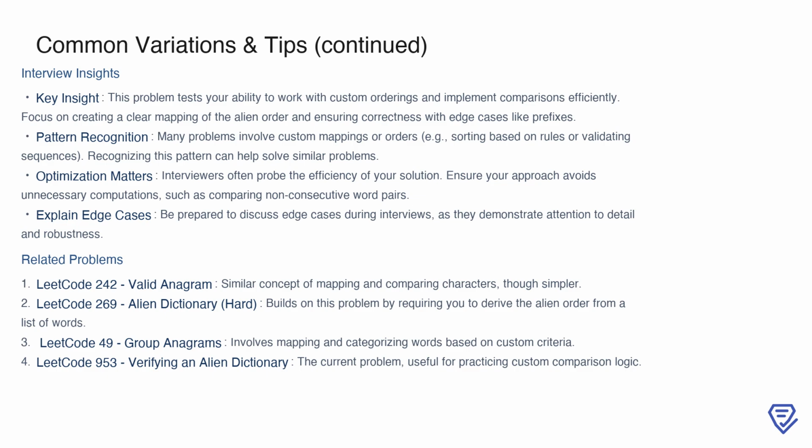Additionally, efficiency matters here, especially during interviews. Avoid unnecessary computations, like comparing non-consecutive word pairs, and prioritize clarity and optimization. Be prepared to explain edge cases as well. Interviewers value attention to detail and robust solutions. Related problems, like LeetCode 242 for anagrams or the harder LeetCode 269, which requires deriving the alien order, can also help you build these skills.